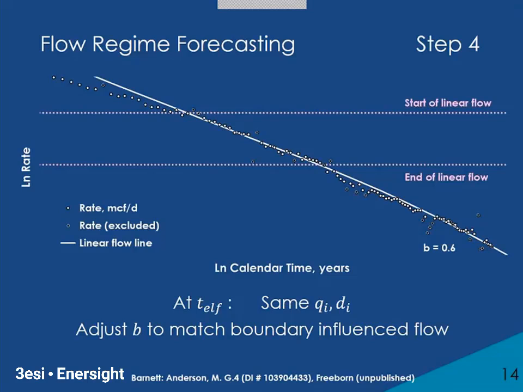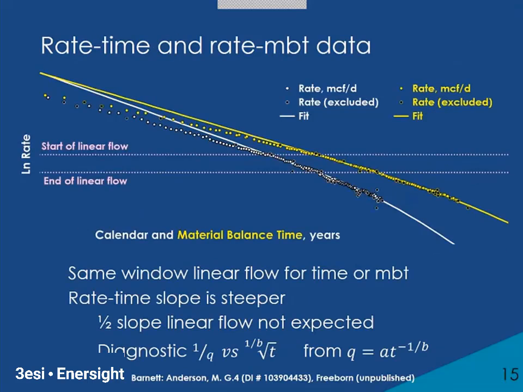Now I'm going to show you the data for both curves together, the material balance time and rate time. I'm showing you where the linear flow window is on this data. But the first observation that is really interesting is that the slope of these two equations is not the same.